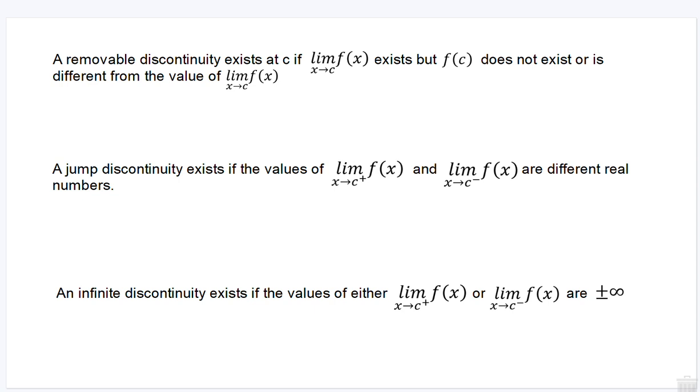And then lastly, it's an infinite discontinuity if either of the values of the limit as we approach c from the right or left are either positive or negative infinity. So these three rules are going to be kind of important to us as we determine what type of discontinuity certain functions might have at certain points.